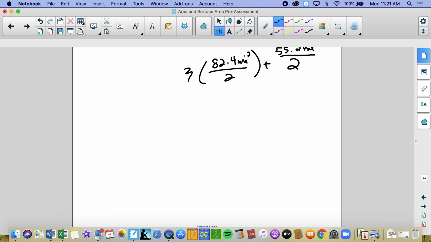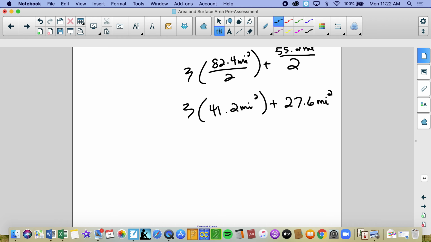Let's do 82.4 miles squared divided by 2 gives me 41.2 miles squared. And then 55.2 miles squared divided by 2 gives me 27.6 miles squared.